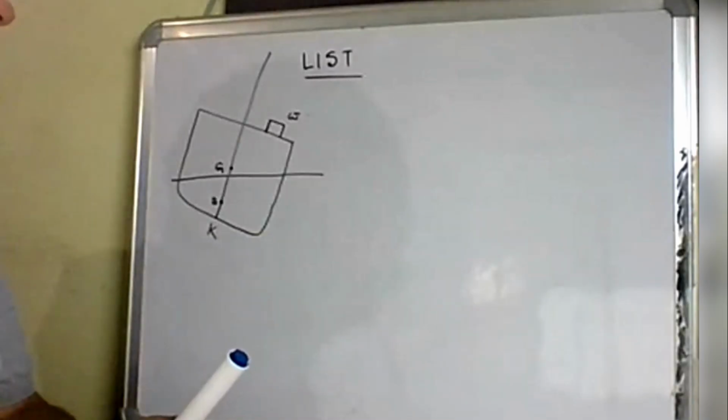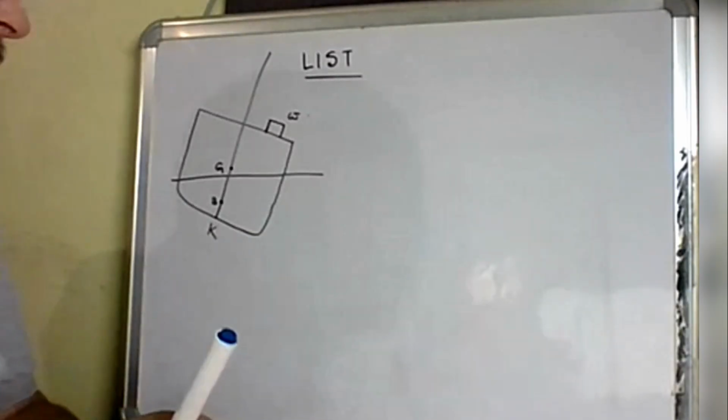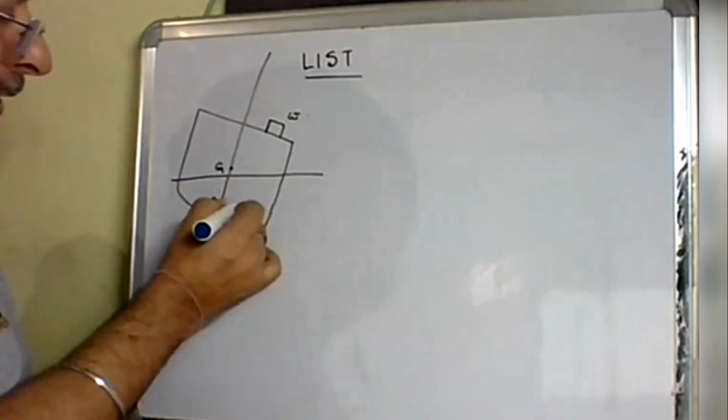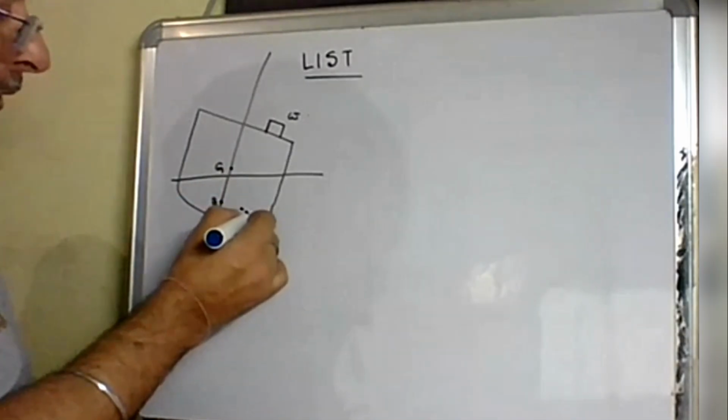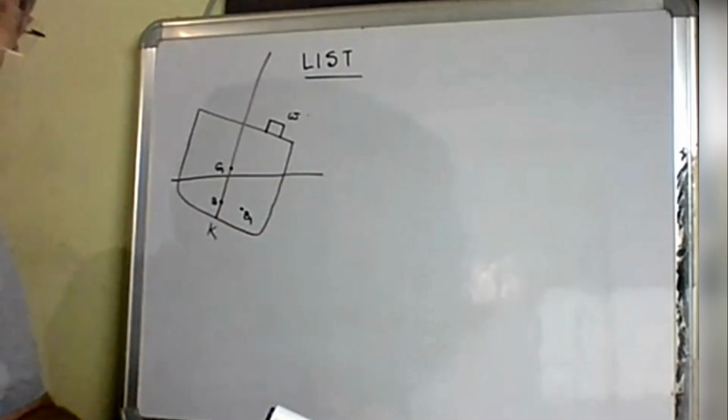So as a result of that, a lever gets created. So first of all, the buoyancy B will shift towards the inclined side, towards the loaded side or shifted side. If it is a discharge, then it will be shifted to the opposite side.